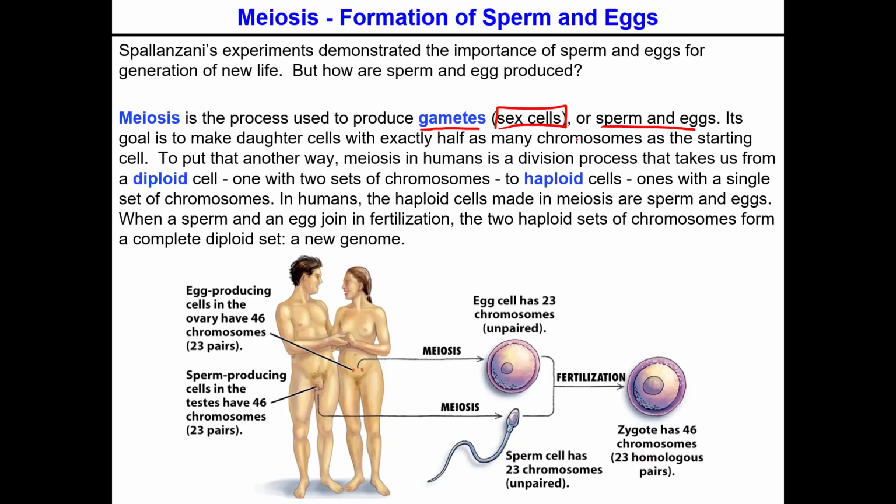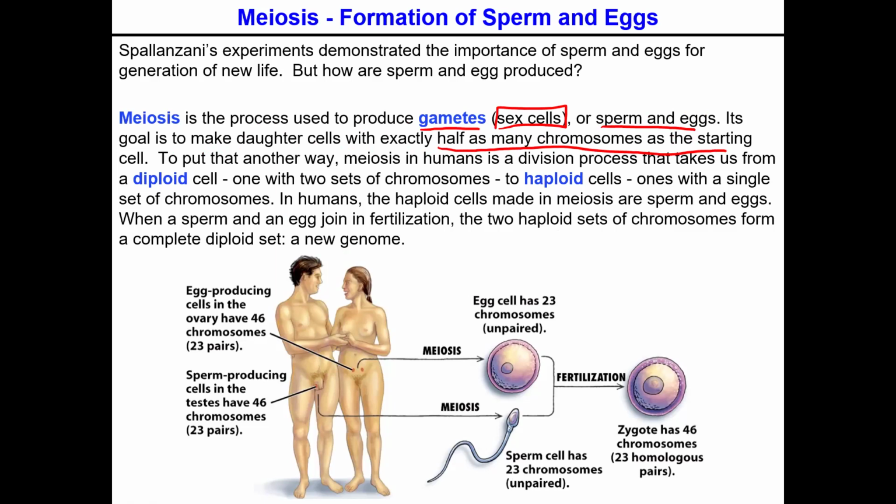Now, the goal for this is to make daughter cells with exactly half as many chromosomes as starting. So unlike mitosis, where we're trying to make the exact amount and the exact copy, our goal is to make half.